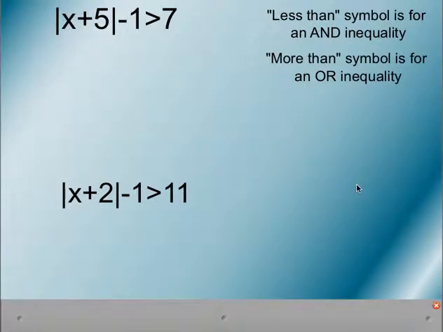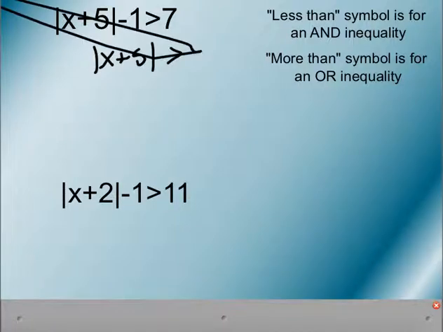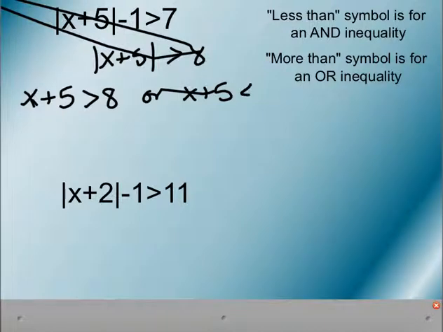Now, these ones here, if there's more than just x inside the absolute value, you still have to get the absolute value isolated and separate them. We can't get rid of that plus 5 yet. So I add 1 on each side and get absolute value of x plus 5 is greater than 8. So now I split it: x plus 5 is greater than 8, or x plus 5 is less than negative 8.